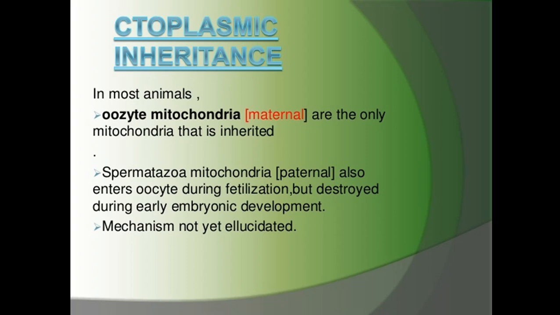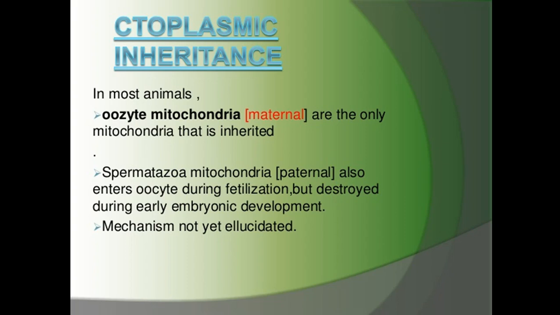Now, the very interesting fact about the mitochondria is that it is always maternal in origin. In the sense, all the mitochondria that we have received have come from the mother only. The paternal contribution is not there as far as the mitochondria is concerned.